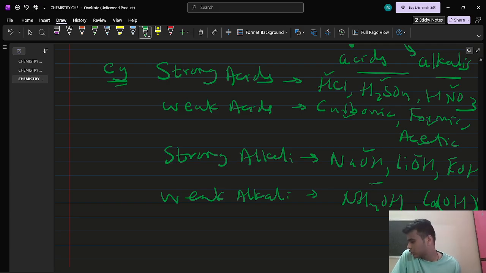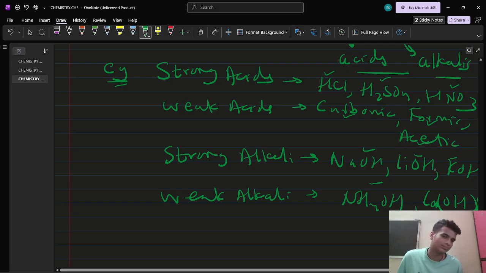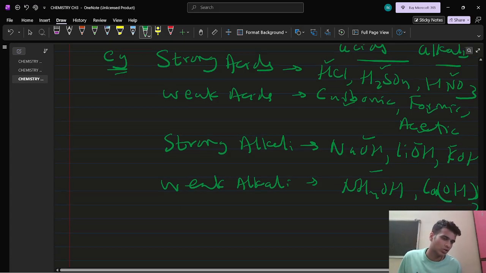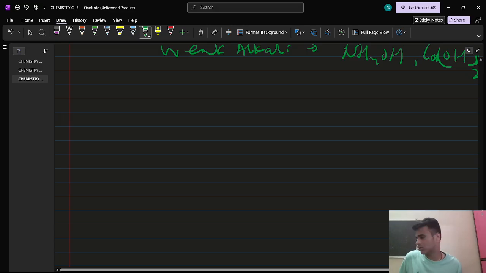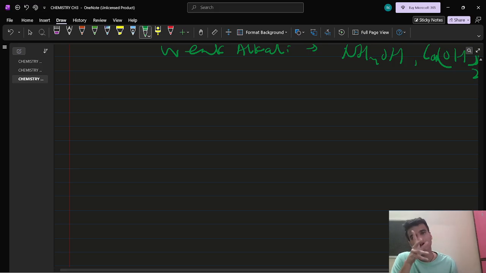Okay, fine. So one more small thing is there: classification on the basis of concentration of acid. So concentrated acid and dilute acid. That is how easy. Now you can just read through it. Not that important. Relatively high percentage of acid.